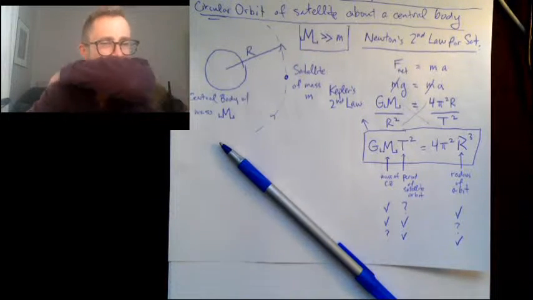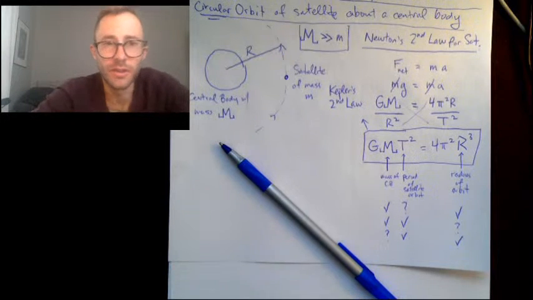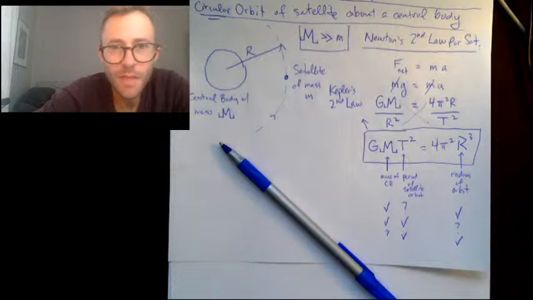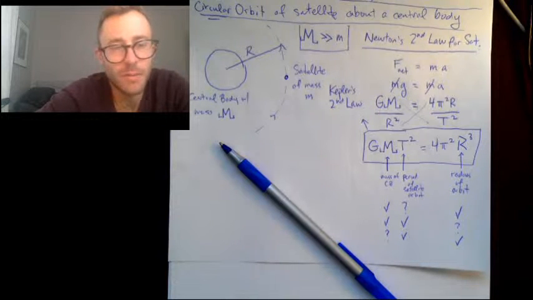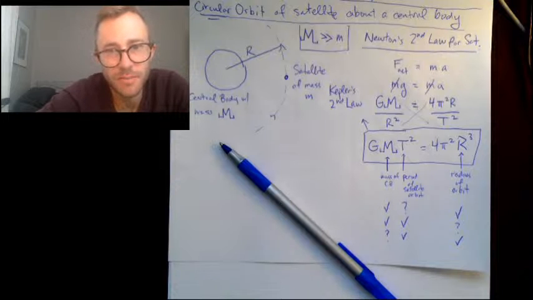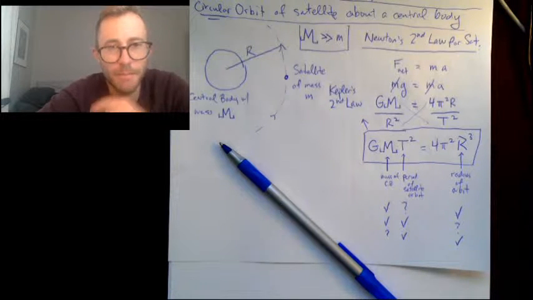So this is how we determine the mass of the central body. Now, what if we wanted to determine the mass of a moon which doesn't have a satellite? In that case, there are other methods, but they're a lot less accurate. Okay?